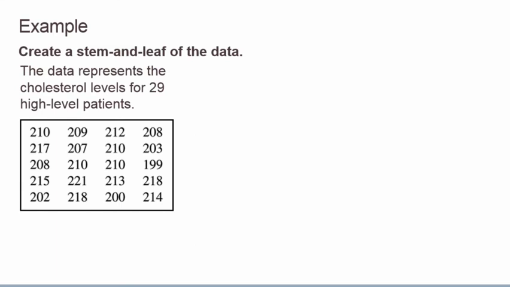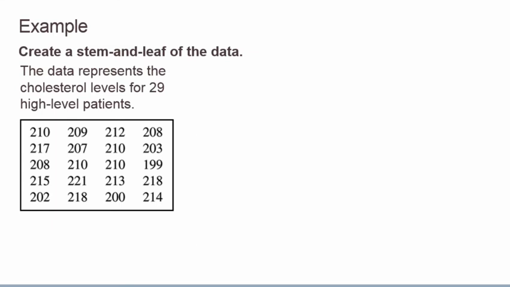Example, create a stem and leaf of the data. The data represents the cholesterol levels for 29 high-level patients. The data: 210, 217, 208, 215, 202, 209, 207, 210, 221, 218, 212, 210, 210, 213, 200, 208, 203, 199, 218, 214.